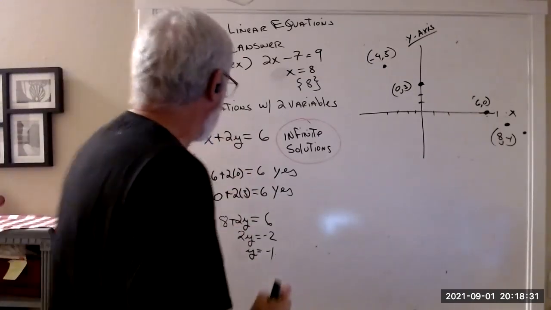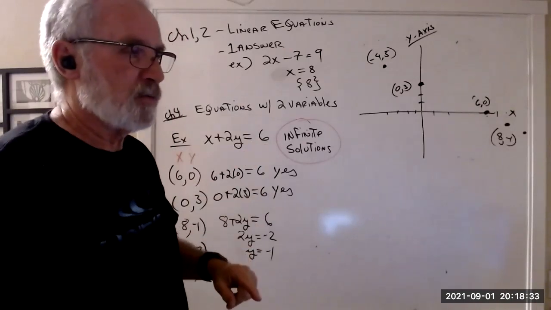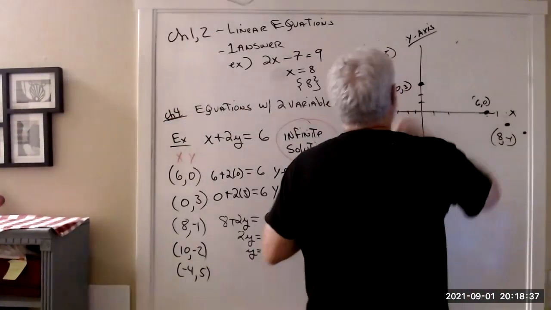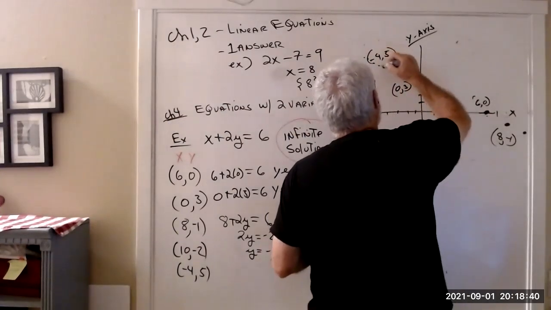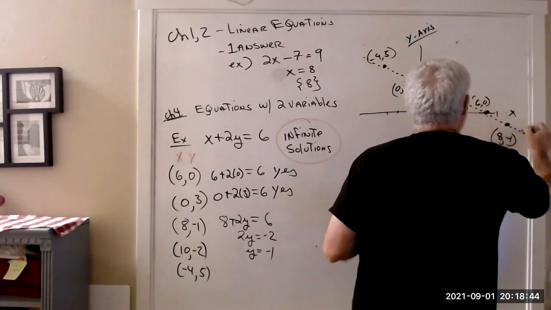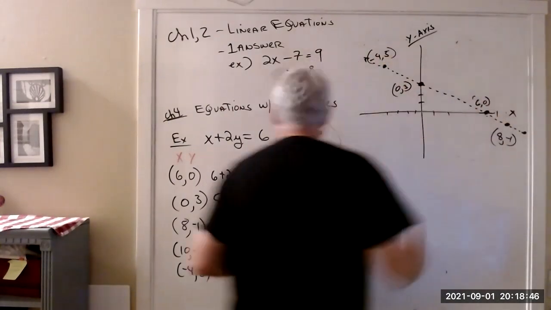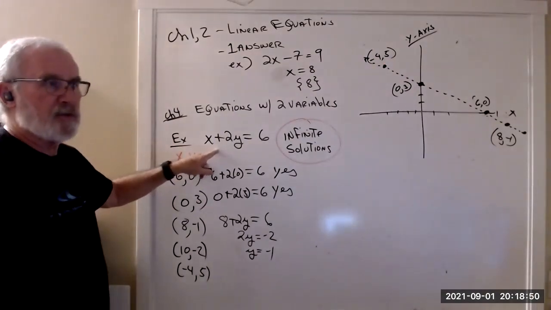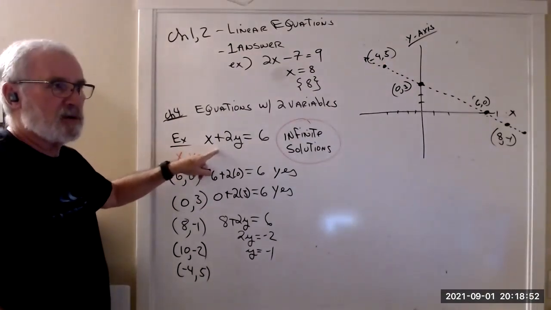When we say graph an equation, we are asking you to show me a representation of all of the possible ordered pairs that might make this problem true. Remember, there's an infinite number of them, an infinite number.